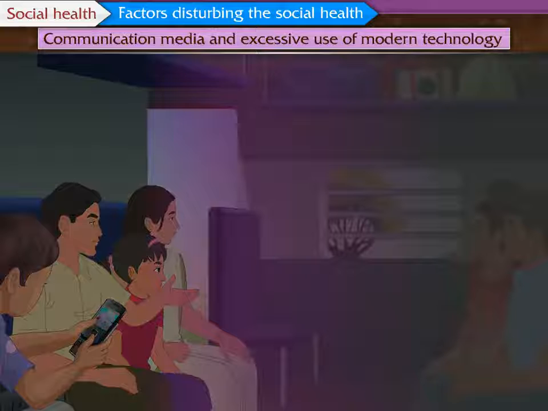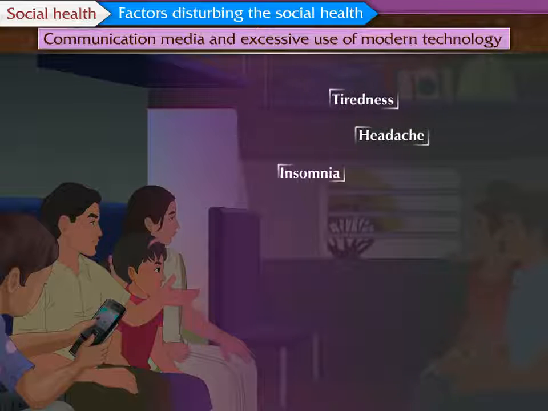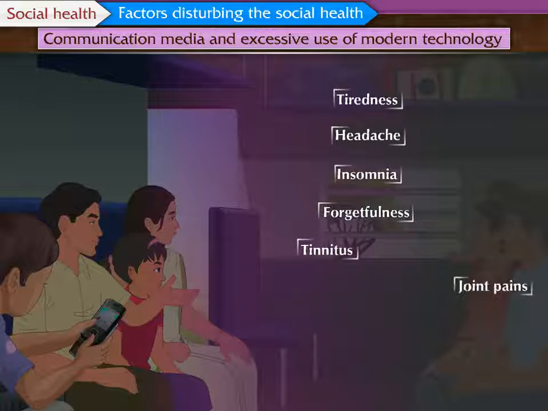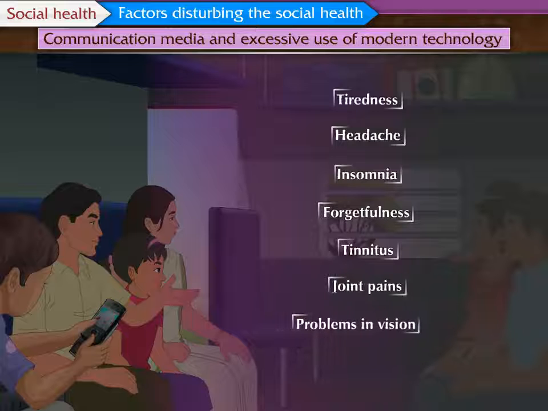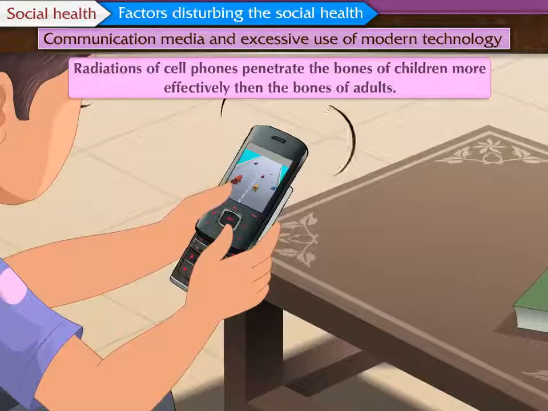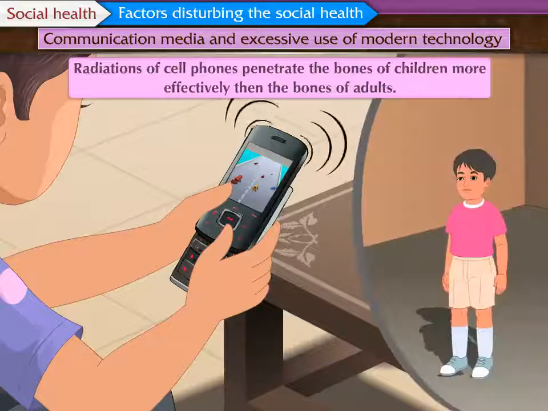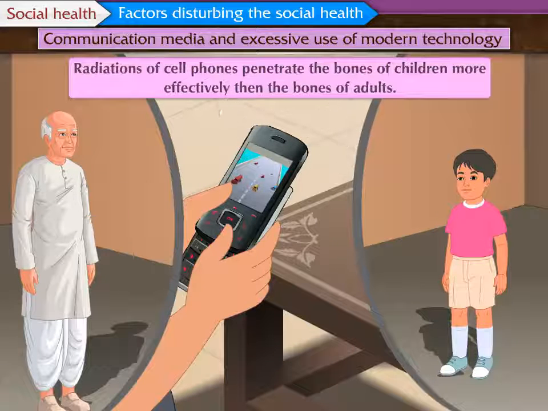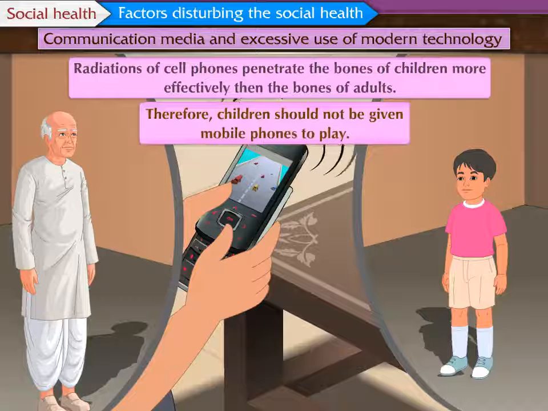Various physical problems like tiredness, headache, insomnia, forgetfulness, tinnitus, joint pains, and problems in vision may arise due to radiations of cell phones. Most serious fact is that these radiations penetrate the bones of children more effectively than the bones of adults. Therefore, children should not be given mobile phones to play.